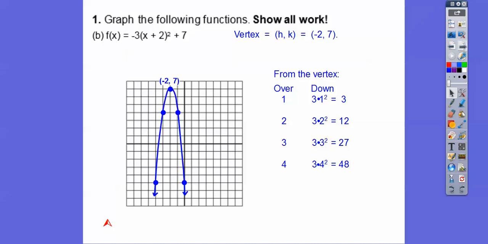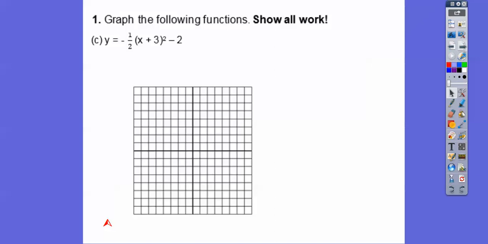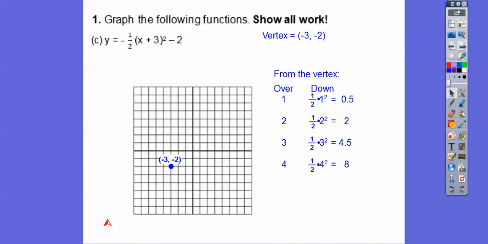Mostly we want you to graph at least 5 points on this. So opposite, same, so (-3, -2). This graph is going down because it's negative right there. It's going down a half of 1 squared, a half of 2 squared, a half of 3 squared. So just remember, you've got to square it first, how much you go over.